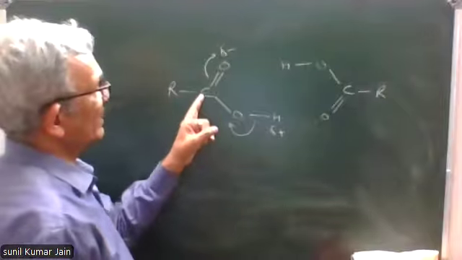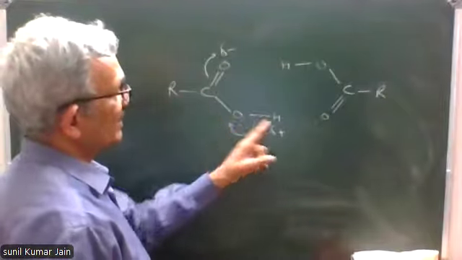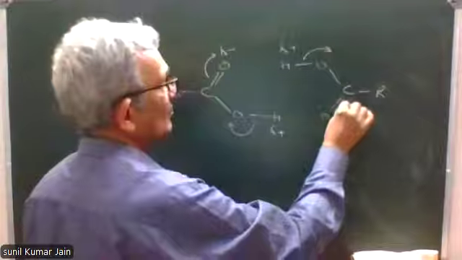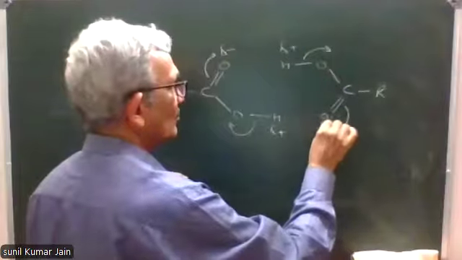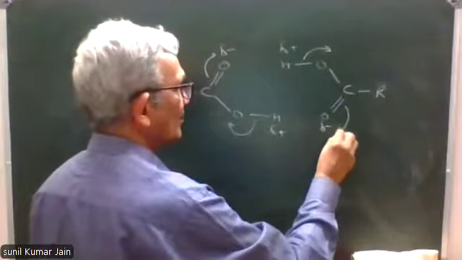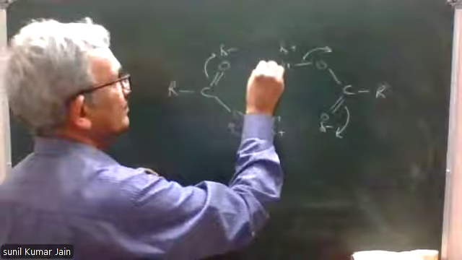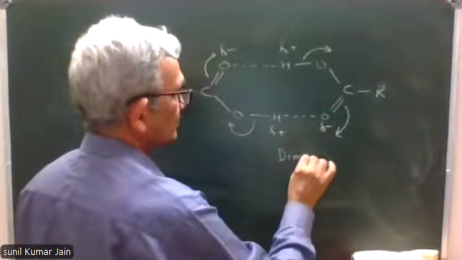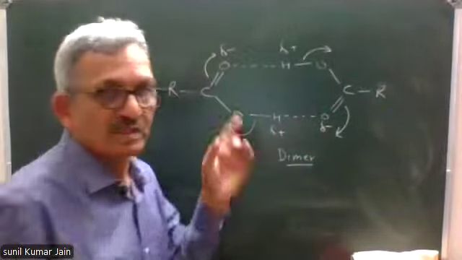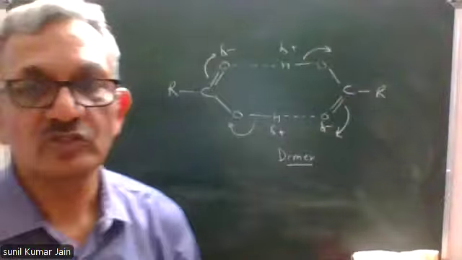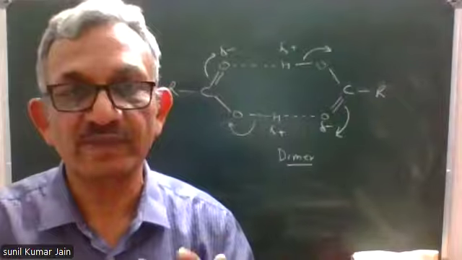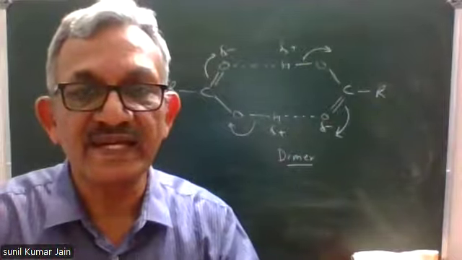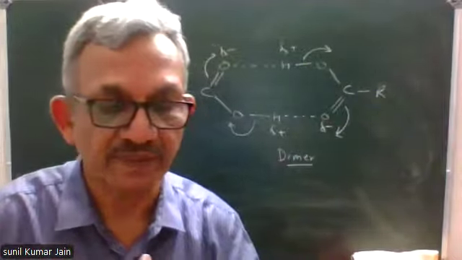Oxygen is more electronegative than carbon, also more electronegative than hydrogen. So this is the formation of hydrogen bonding between 2 molecules of carboxylic acid. 2 will join together and exist as one particle called a dimer.